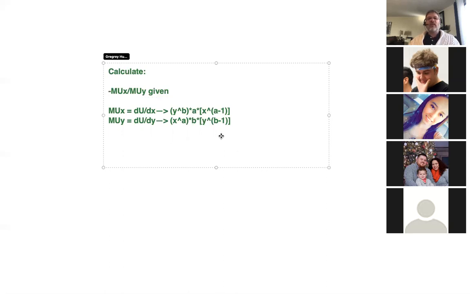So the thing that I want to point out to everybody here is that there are a couple of things that will be useful now that we know that this is Cobb-Douglas, right? Since it's Cobb-Douglas, that implies that A plus B is equal to 1.